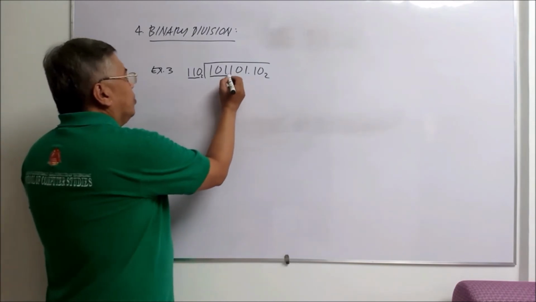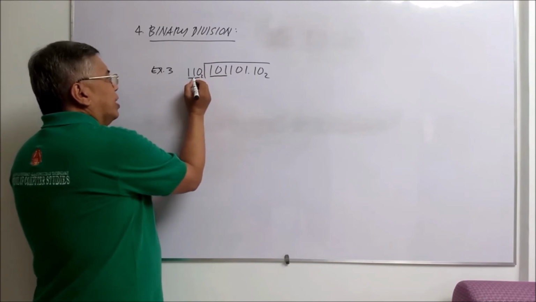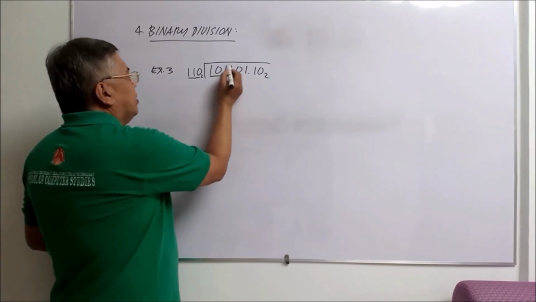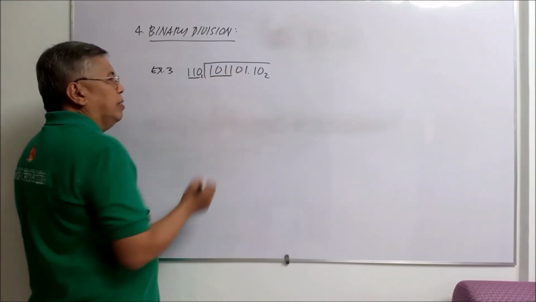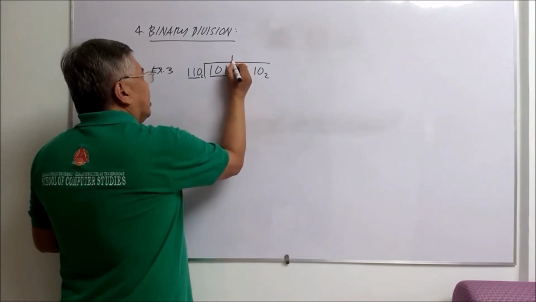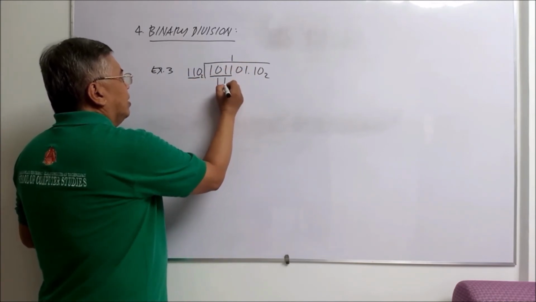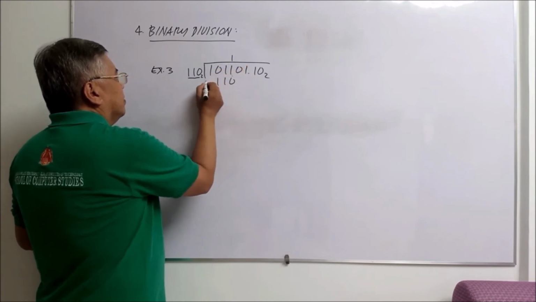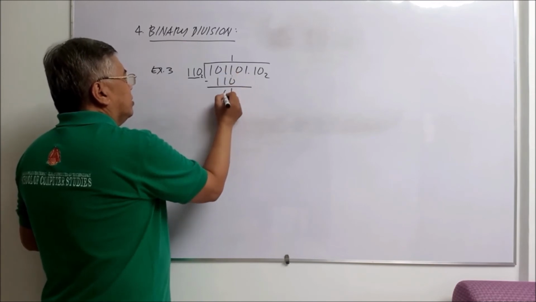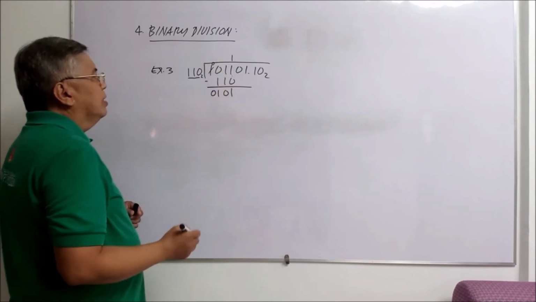So since this one here is smaller than the number outside, you have to consider the 4th digit, so that this number inside becomes bigger than the number outside. Okay? So basically, this becomes 1. So, 1 times 110, you have 110 here. You subtract. Okay? 1 minus 0 is 1. 1 minus 1 is 0. 0 minus 1 is 1.